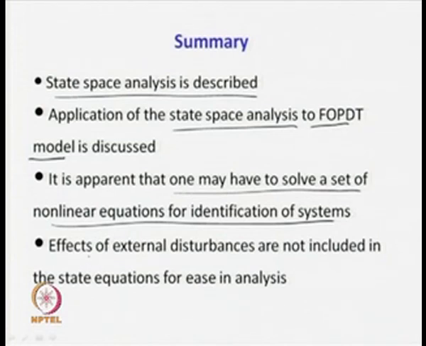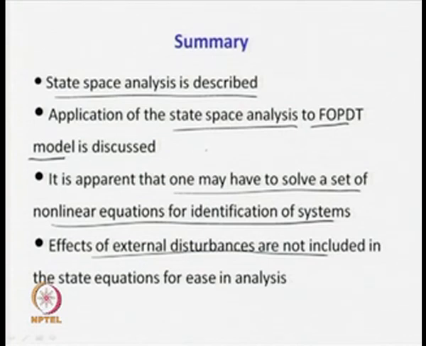Again, like the previous lecture, the effects of external disturbances have not been considered in this lecture, because we begin with simple expressions to make the analysis easier. Intentionally, we have not considered the effects of external disturbances in our analysis.